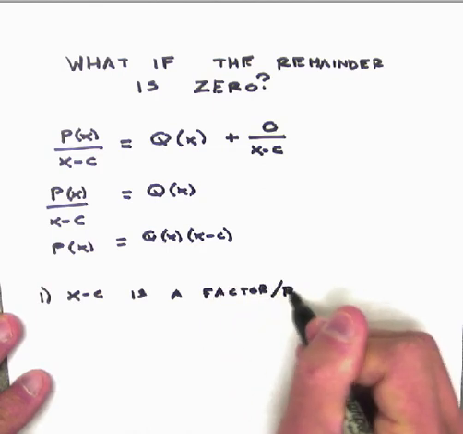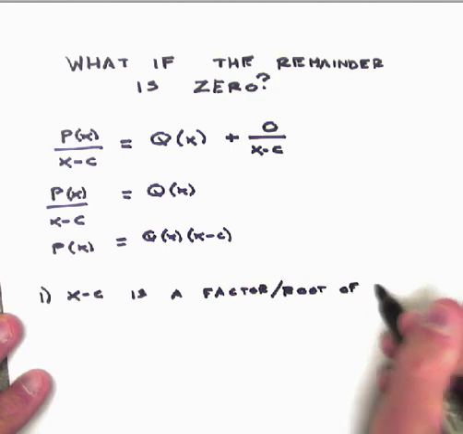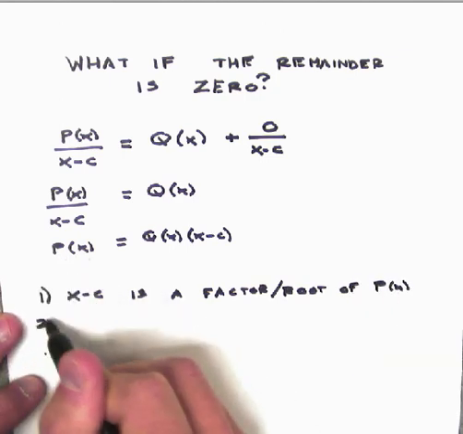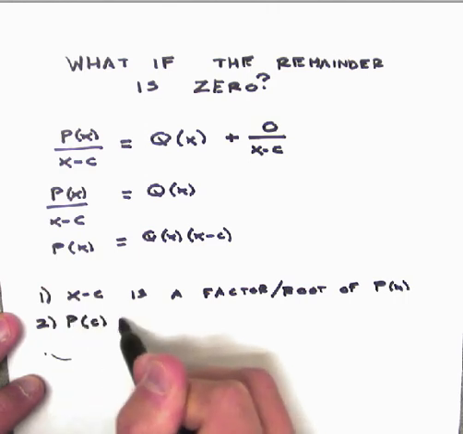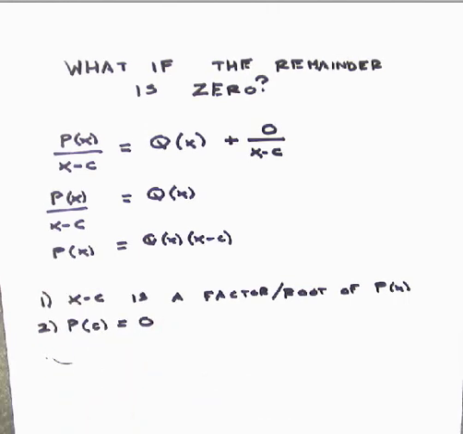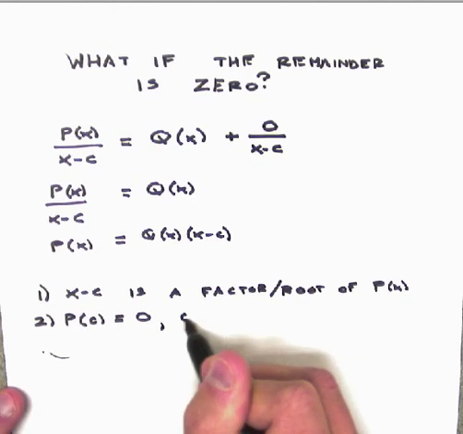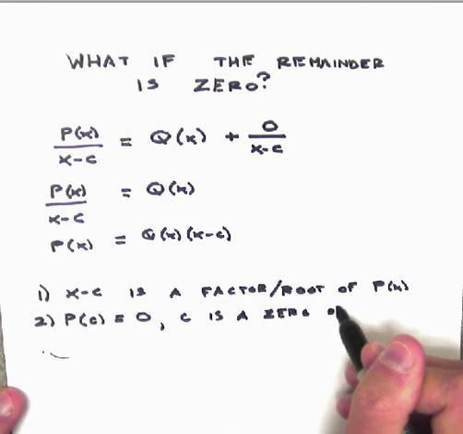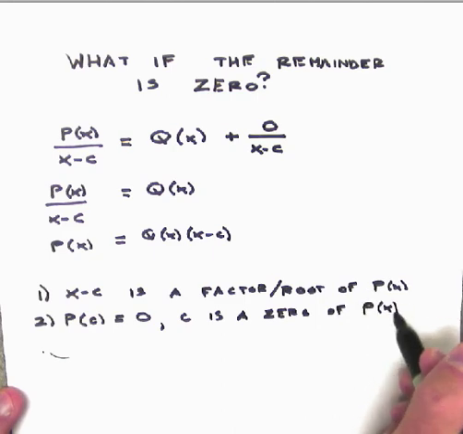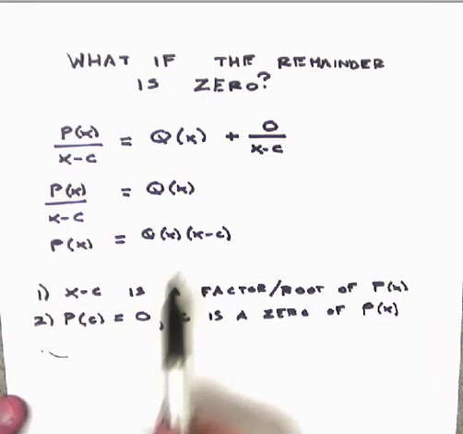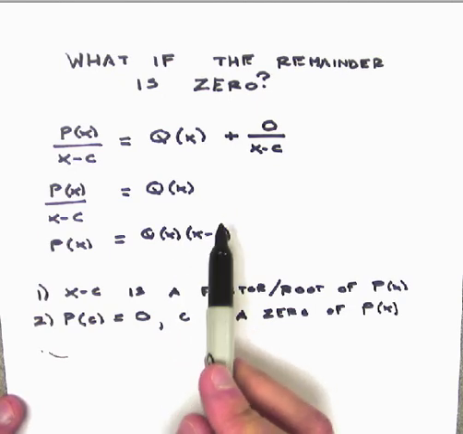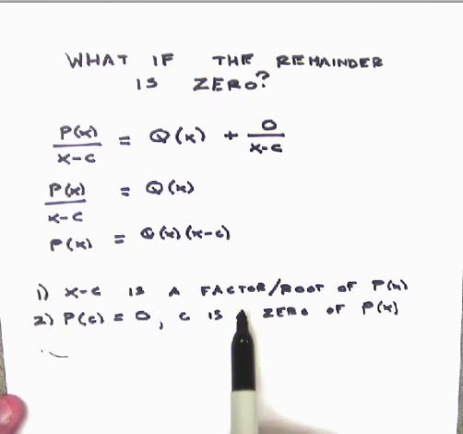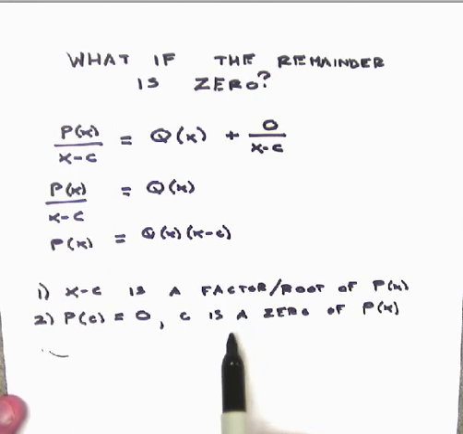And if we plug c in for x, we notice that p of c equals 0, which means c is a zero, or root, of p of x. So what this tells us is that long division, if it gives us a remainder of 0, can help us find the roots or zeros of a polynomial, which is convenient for solving equations and also for graphing.